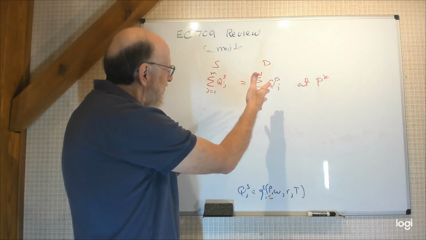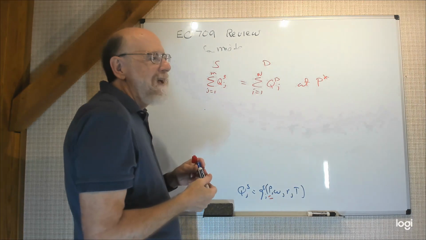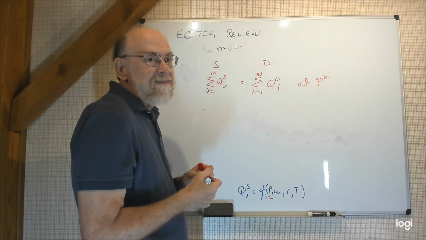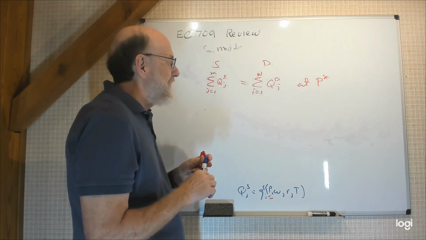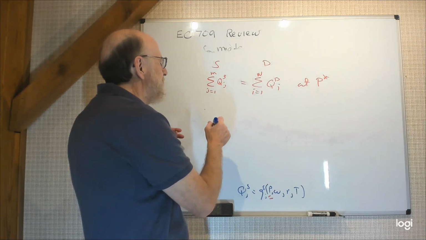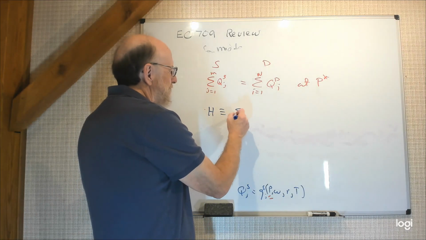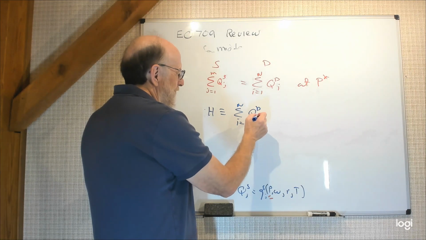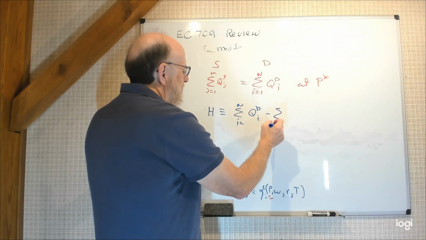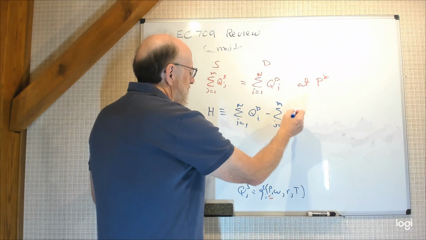And once you've done that, then you can use this setup to characterize comparative statics of the market equilibrium, right? So we can make H be equal to the sum of i equals 1 to n Q_i^D minus the sum of j equals 1 to n Q_j^S.